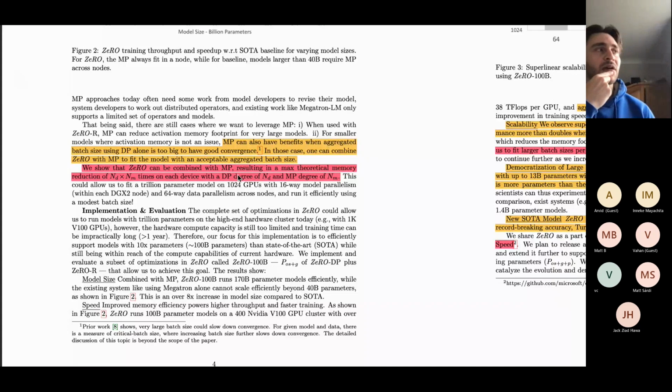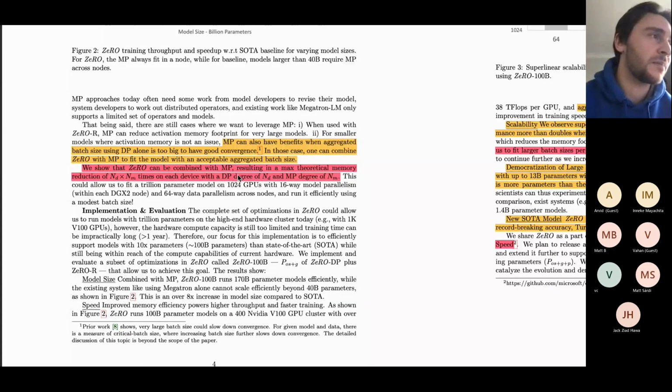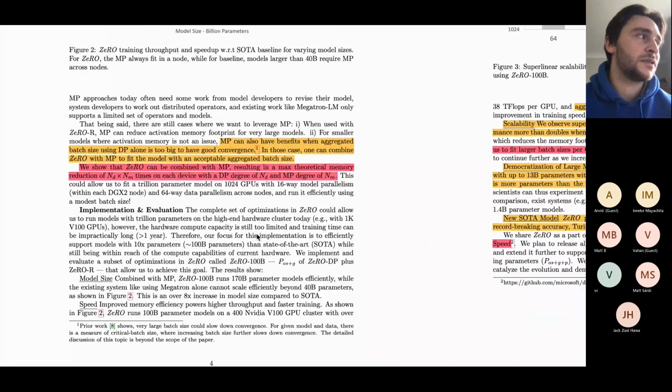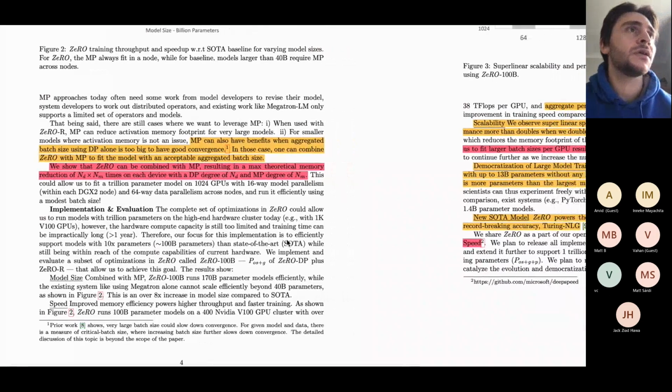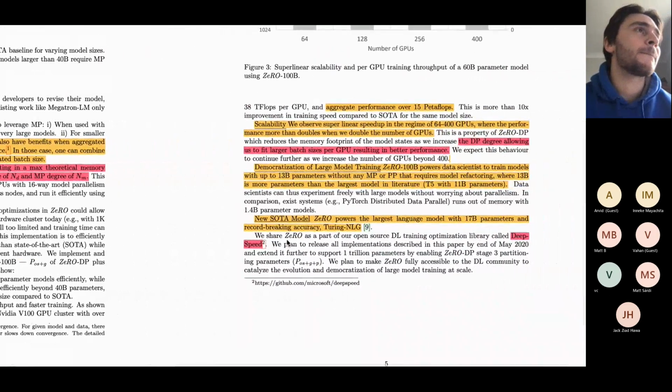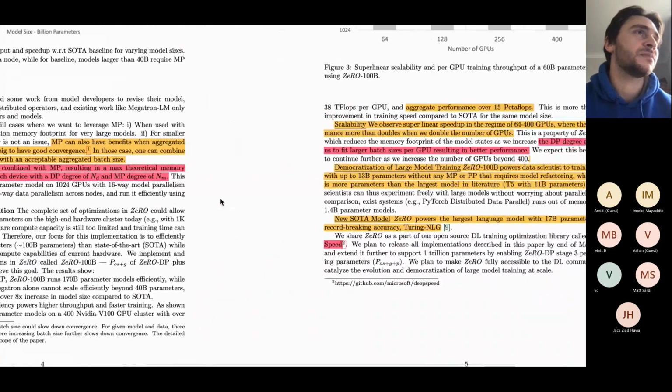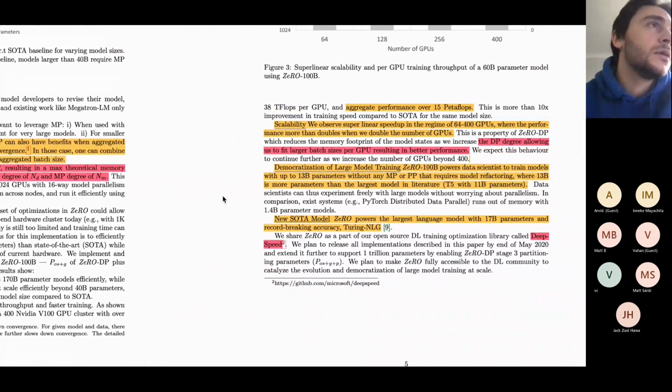Oh no, they also have to equal the number of, I guess it would be 8 by 8. Anyway, I'm not going to go down that route because I don't think I understand it well enough. Obviously, this isn't my area of expertise. But cool result. You can combine ZeRO with model parallelism and get even better scaling.